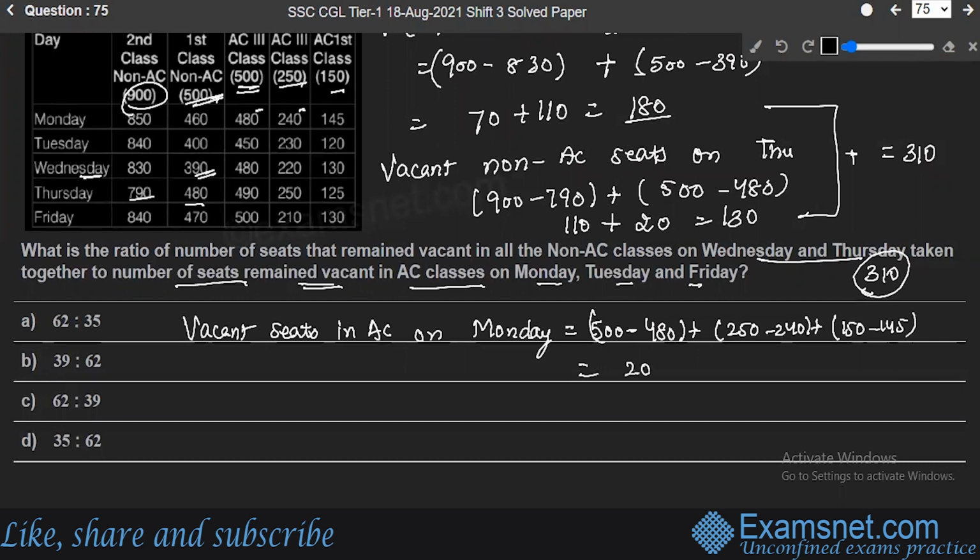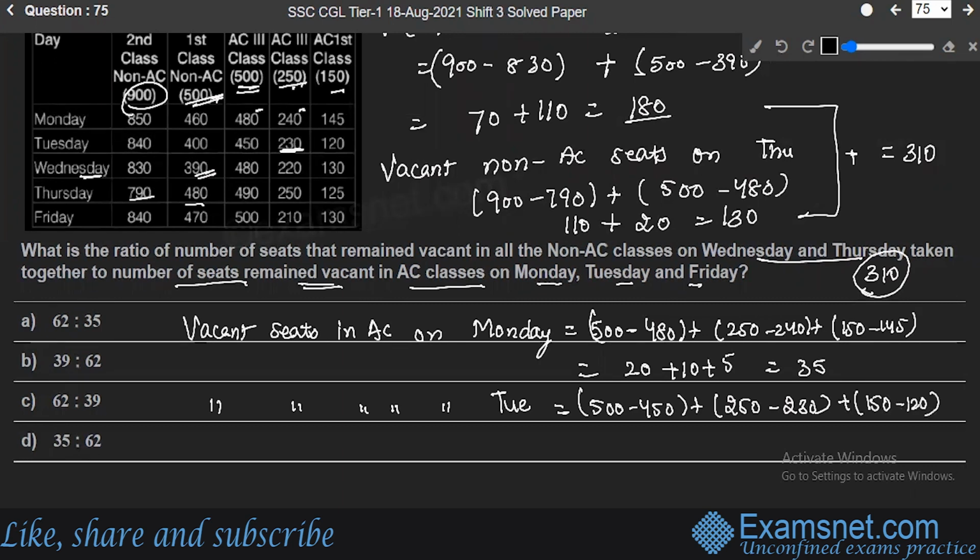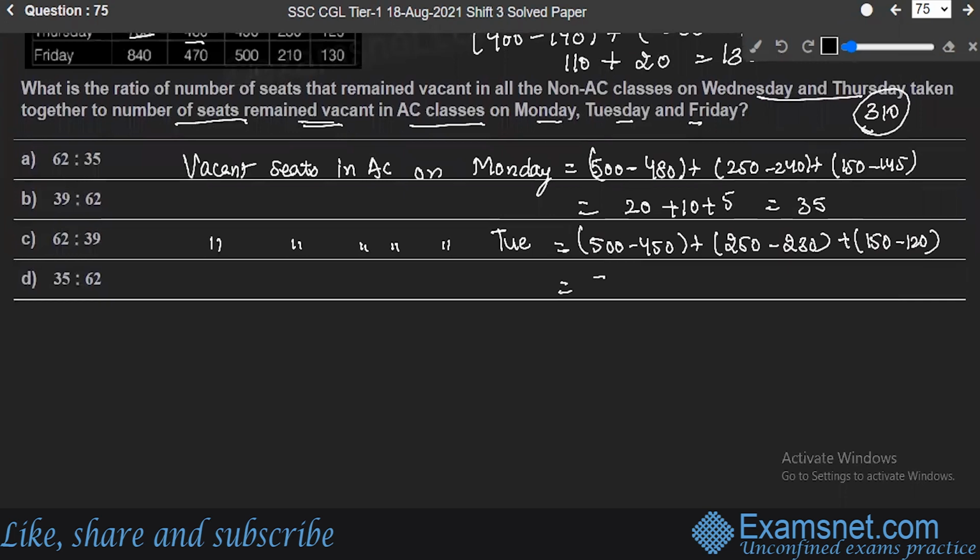This is equal to 20 plus 10 plus 5, which is equal to 35. Similarly, vacant seats in AC on Tuesday: 500 minus 450 plus 250 minus 230 plus 150 minus 120, which gives you 50 plus 20 plus 30, a total of 100. Then vacant seats in AC on Friday.